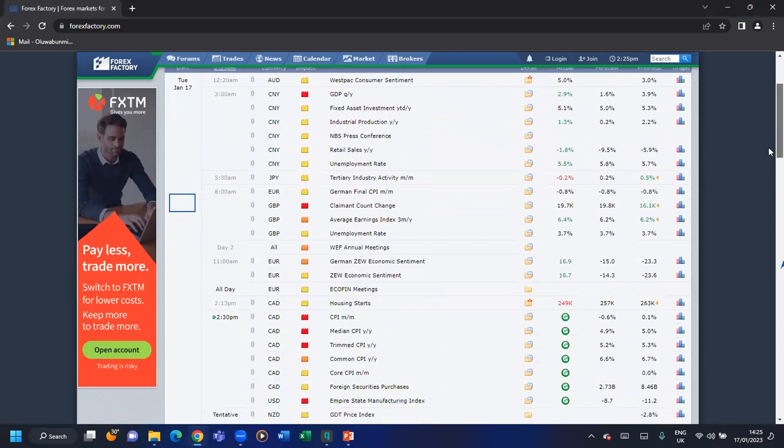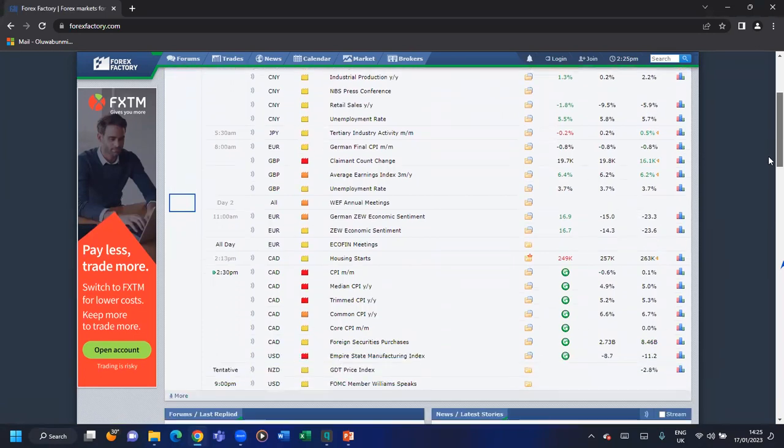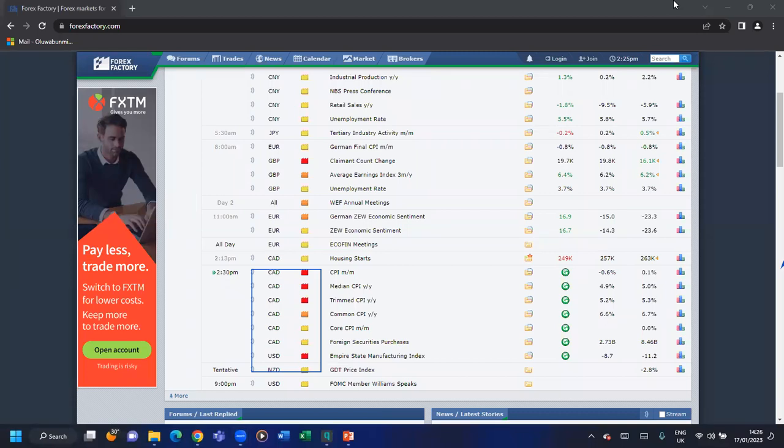And exactly 2:30 today, Canadian dollar and US dollar have high impact news. And this is you doing your fundamental analysis. You've done the first assignment for you as a forex trader: look up the upcoming high impact news for the day.